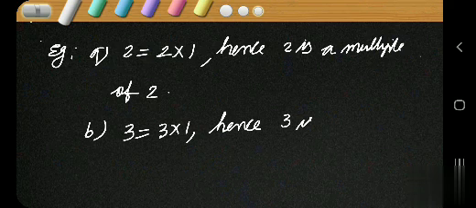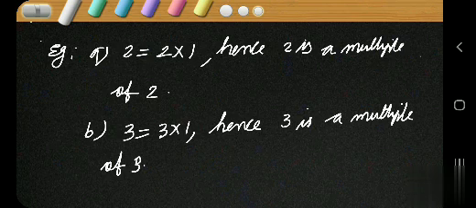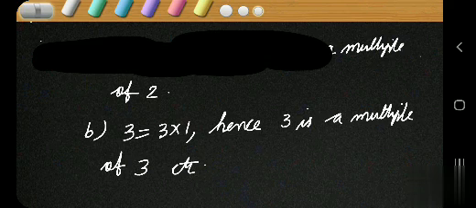In the case of any number, the case is the same. So any number is a multiple of itself. This is the first property of multiples.